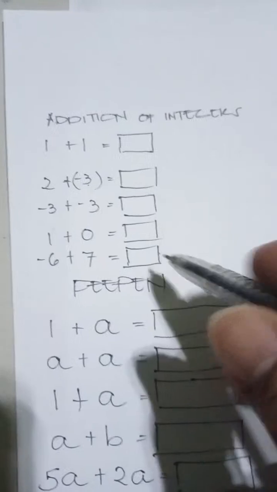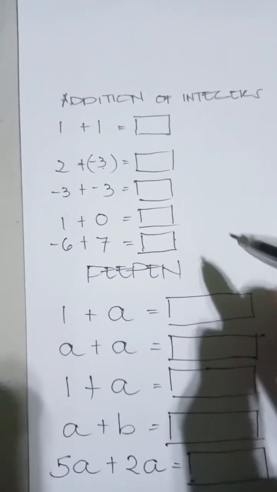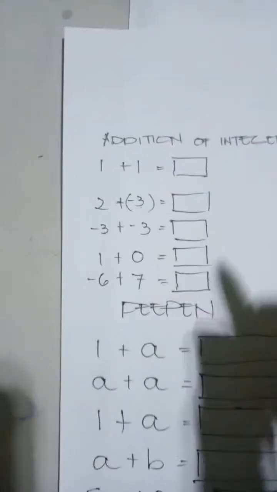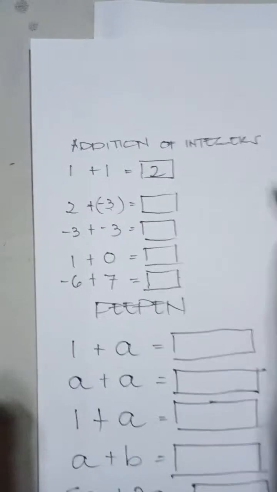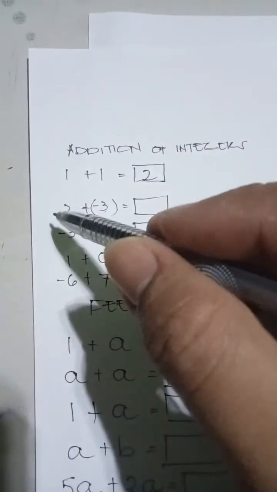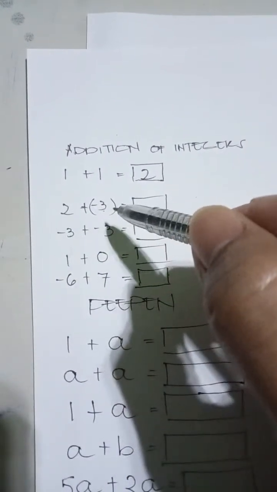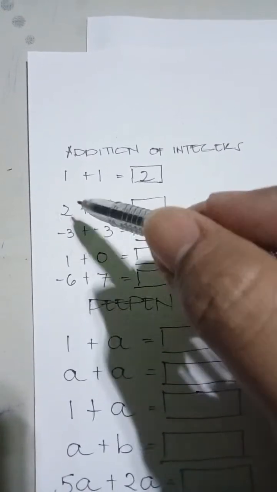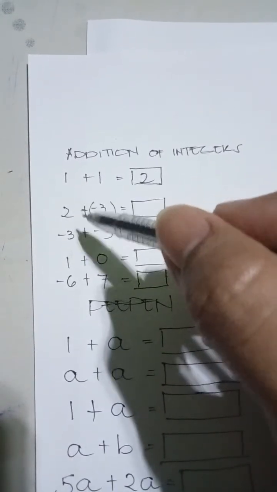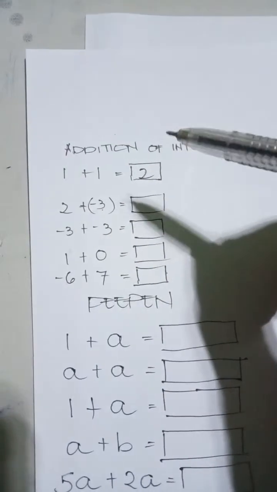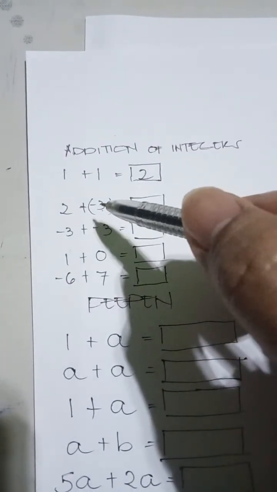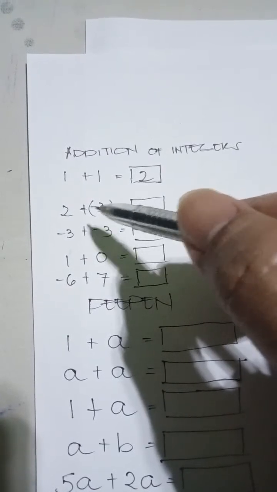So for example, 1 plus 1, the answer is 2. Then 2 plus negative 3. The operation is addition, but as you can see, the sign of 3 is negative.